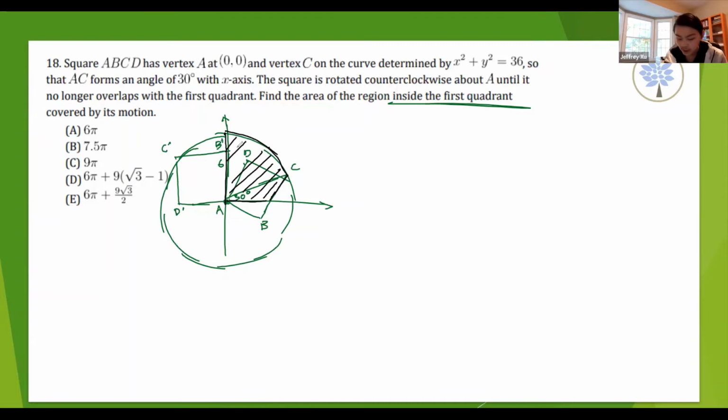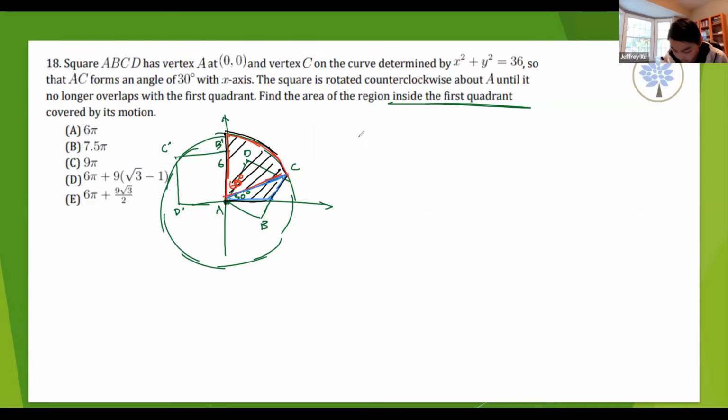And what we'll notice is that we can split this area into a red sector and this extra blue triangle. So first, the area of the sector: the central angle is just 60 degrees.